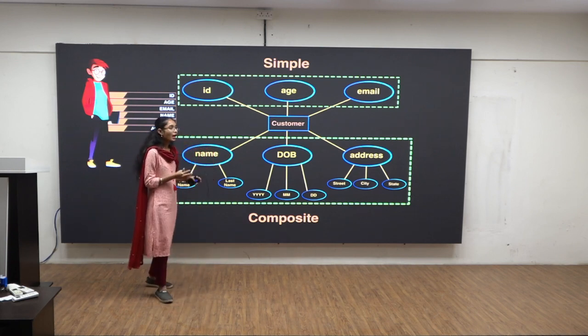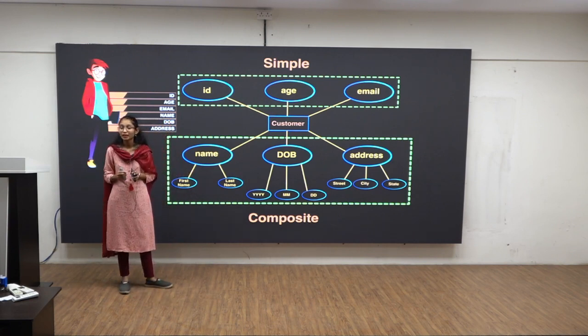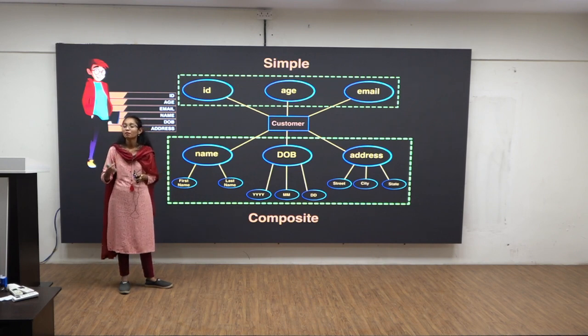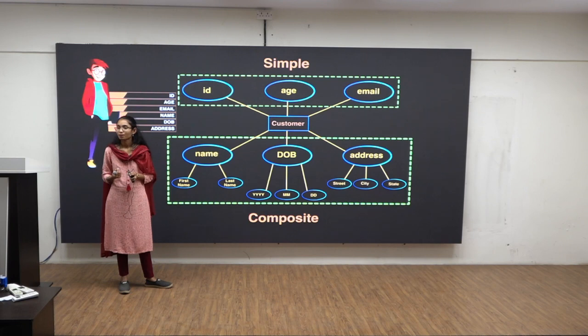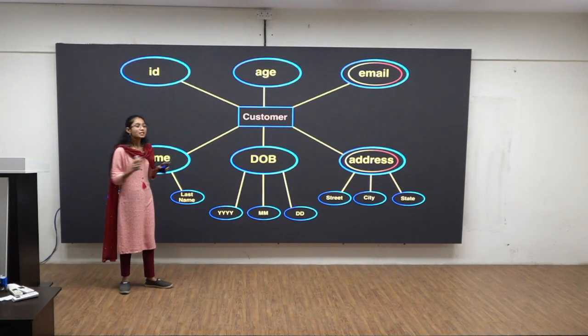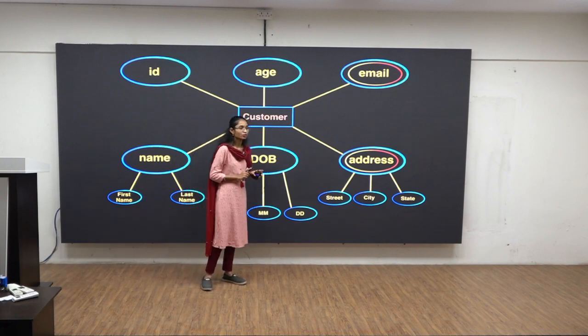So here, there are a few attributes, some of which should contain a single value only. And there are a few attributes which can contain more than one value, meaning an attribute can contain multiple values. So this is what we will be differentiating here as single valued attributes and multi-valued attributes.